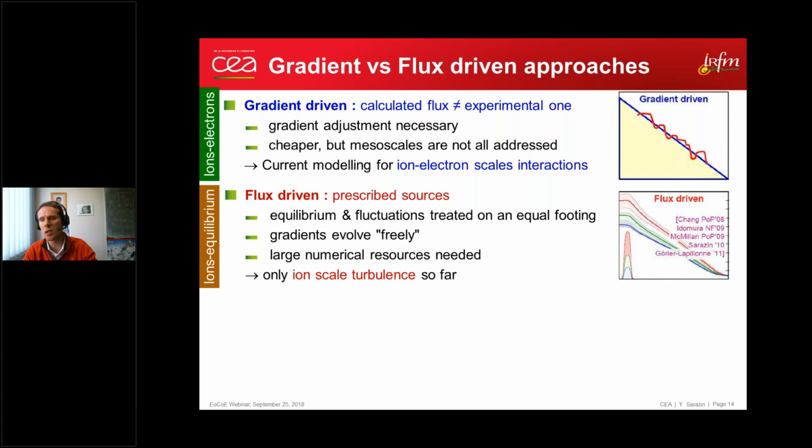The heating source that you put in the system is reminiscent of what occurs in the tokamak plasma, where you heat the system with waves, RF waves, or a neutral beam. So you have a heating source in the system, and then the gradients react to the source and end up in a saturated regime under the effect of turbulent transport and possibly collisional transport as well.